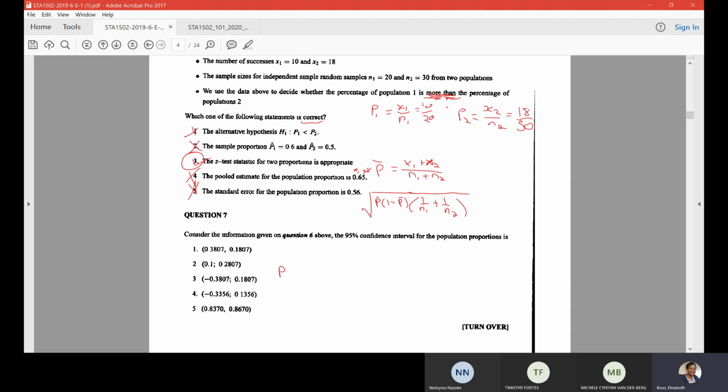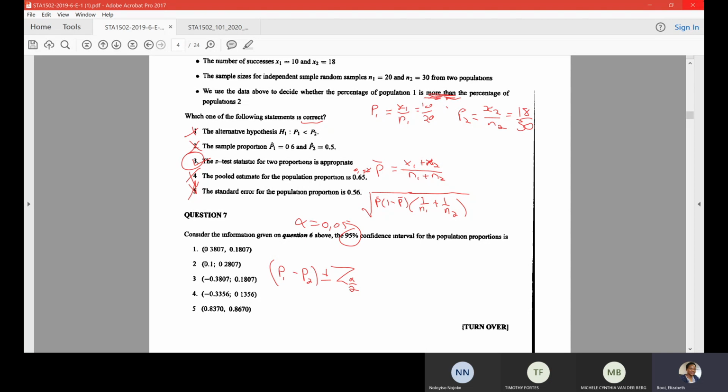And your confidence interval will be your population proportion 1 minus the population proportion 2 plus or minus Z alpha divided by 2. Because it's proportion, we're always going to use the Z alpha divided by 2. Here it means our alpha is 0.05.